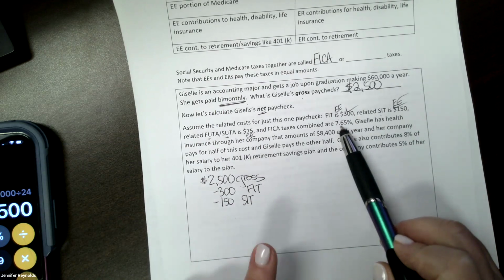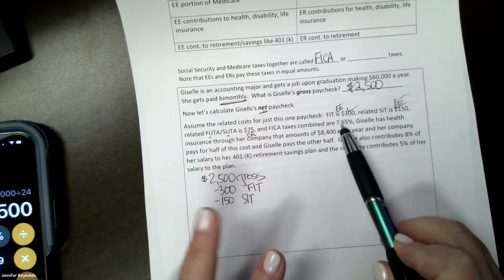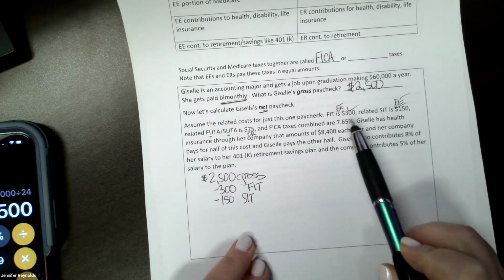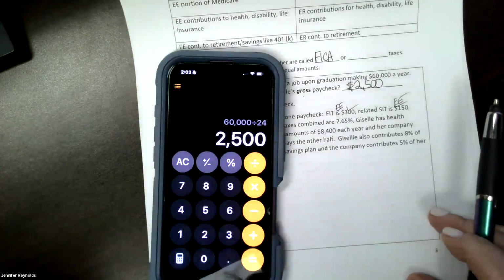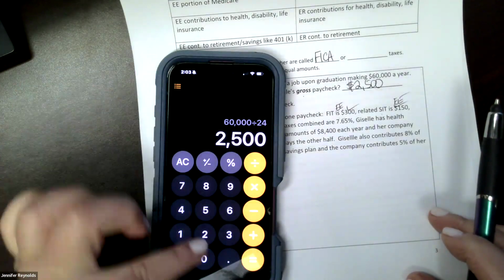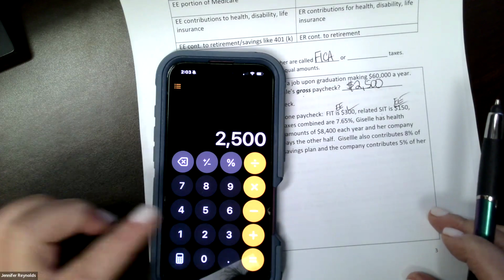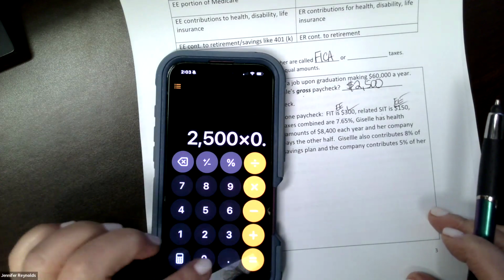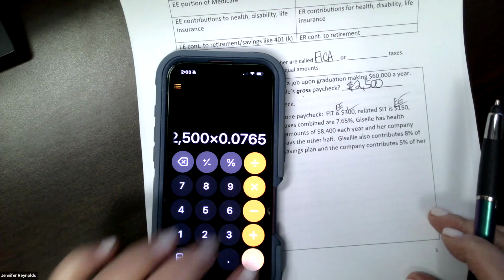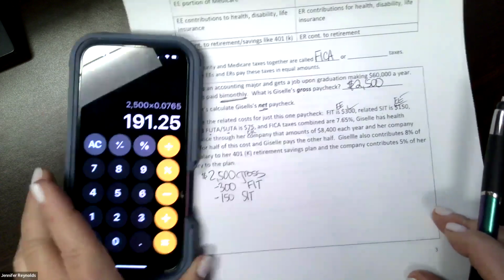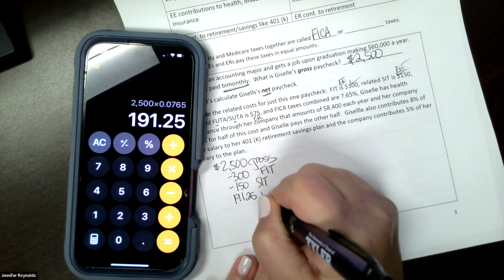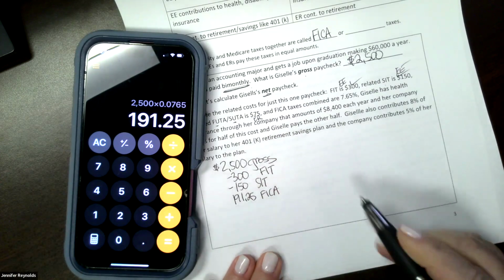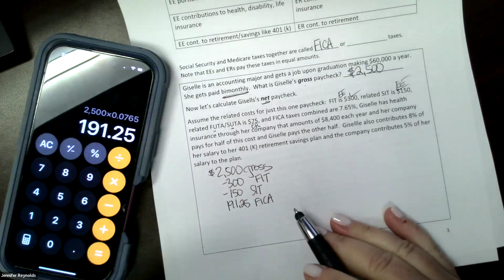Well, remember, both Giselle and the company pay it in matching amounts, so they both have to pay 7.65%. So we're going to come back to Giselle's paycheck of $2,500, and we're going to multiply that by 0.0765. $191 and 25 cents more is going to come out of her paycheck to cover those FICA taxes, to pay in for Social Security and Medicare.